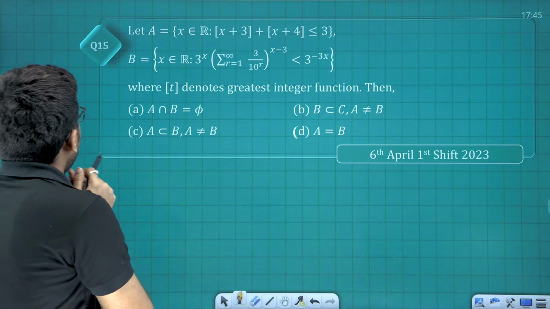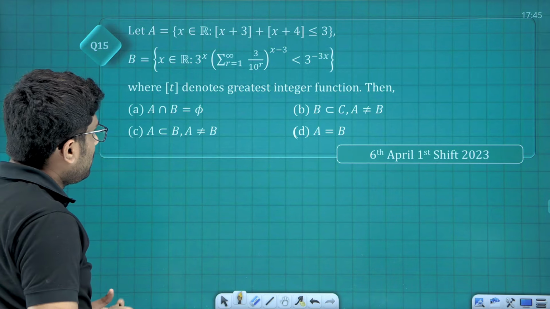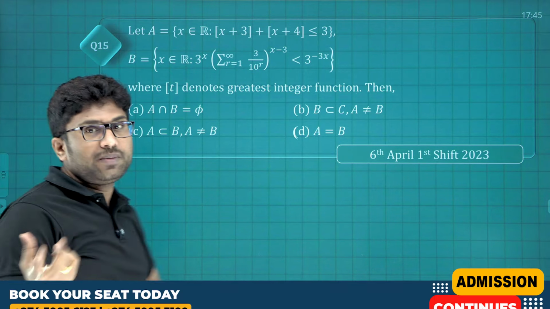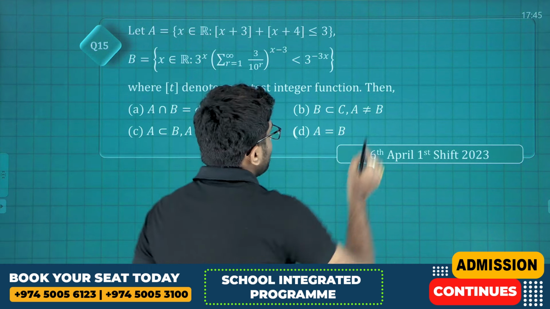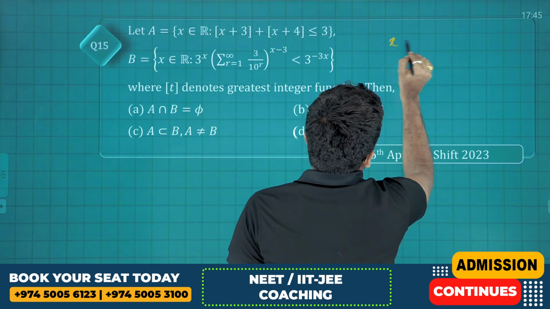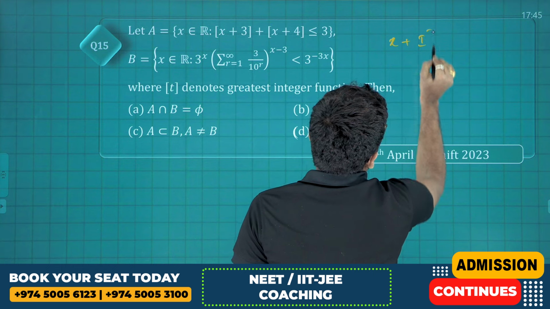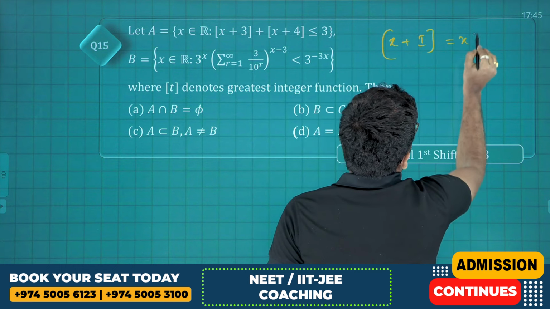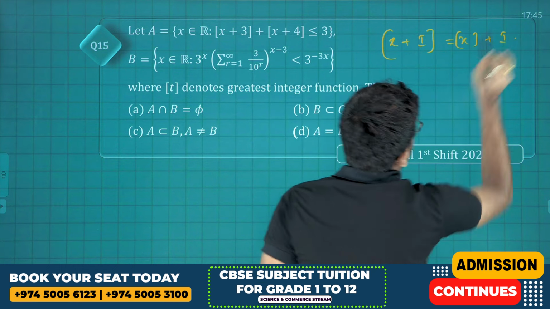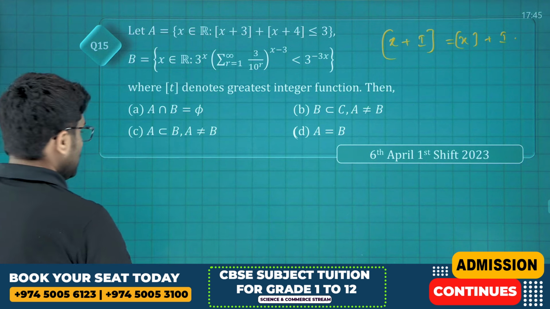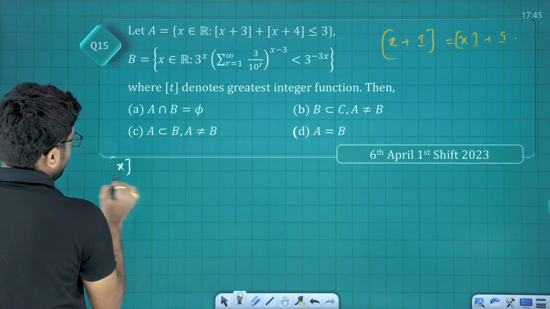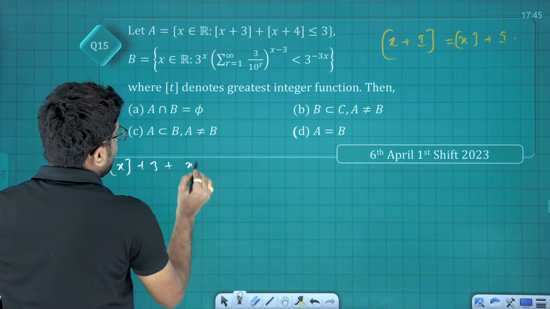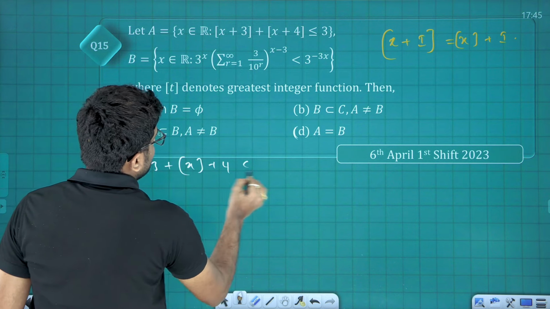Next. Set A is given, set B is given, and they are asking us to compare these two sets. First, set A. You should know, friends, for the step function, step of x plus an integer is equal to step x plus I. Now from this case, step of x plus 3, plus step x plus 4, less than or equal to 3.